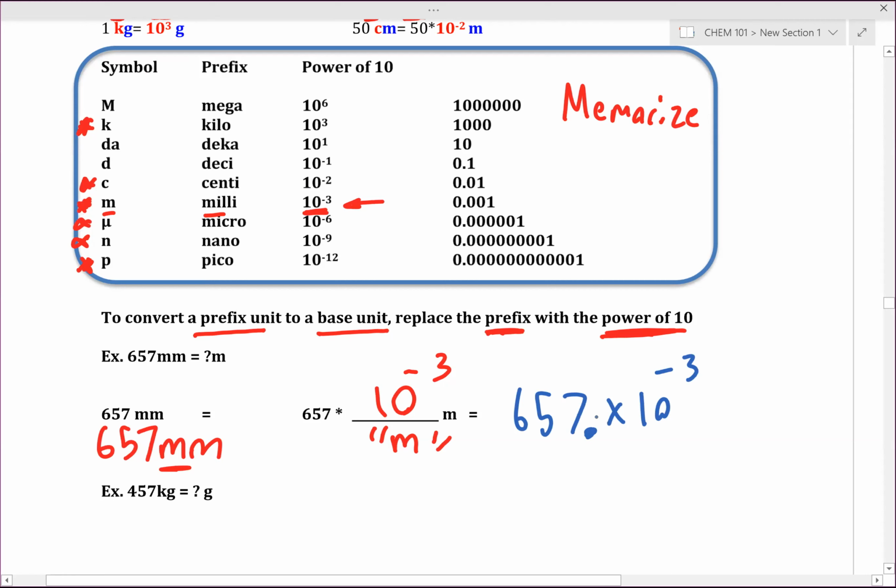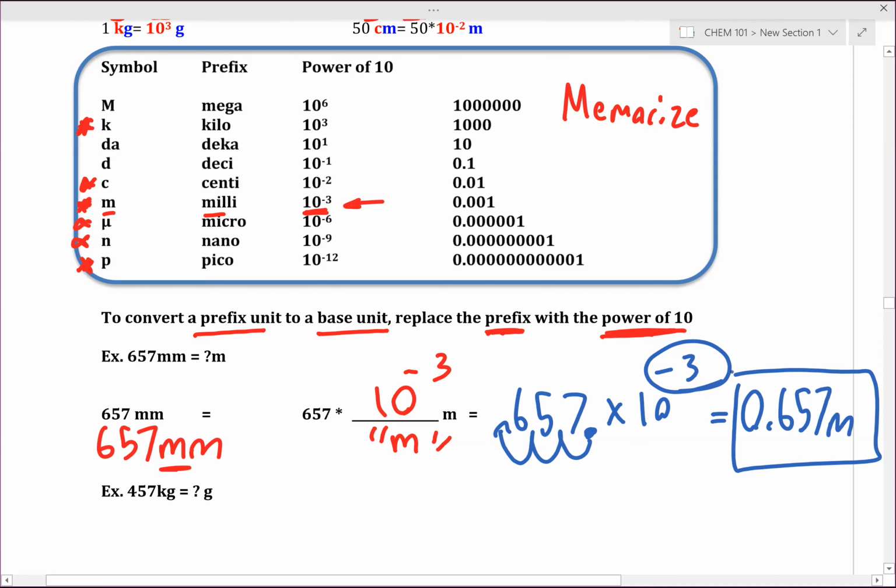To the left or to the right? Left. And how many spaces? 3. 1, 2, 3. So we have 0.657 meters. Not too bad, right? This is known as a one-step conversion.